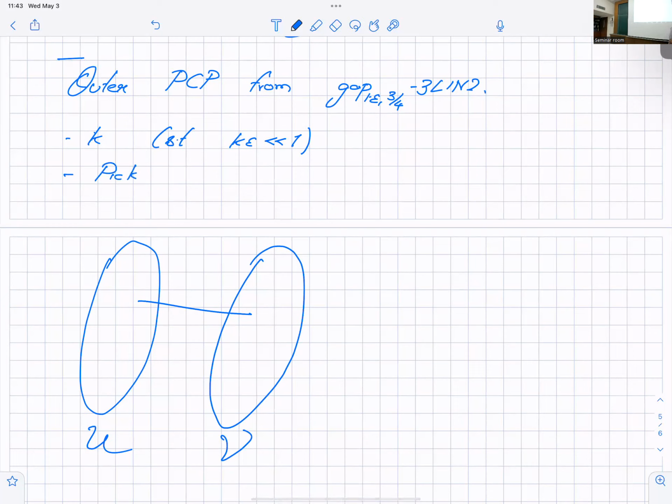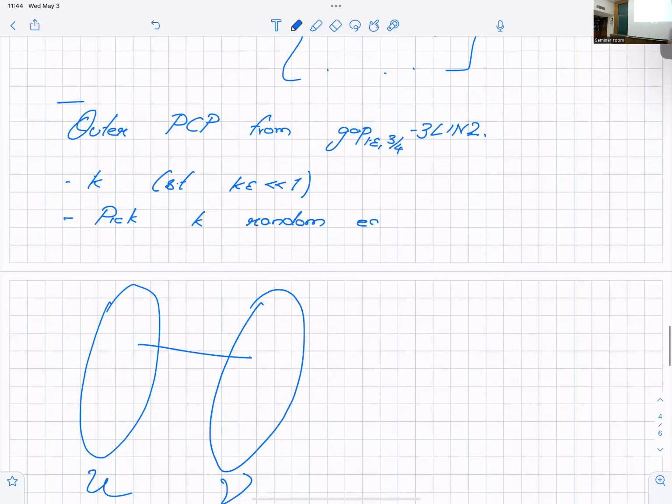So pick K random equations from the 3-Lin instance, let's call this instance psi. Equations E1, E2, ..., EK. And each thing over here is going to be E1, E2, ..., EK.